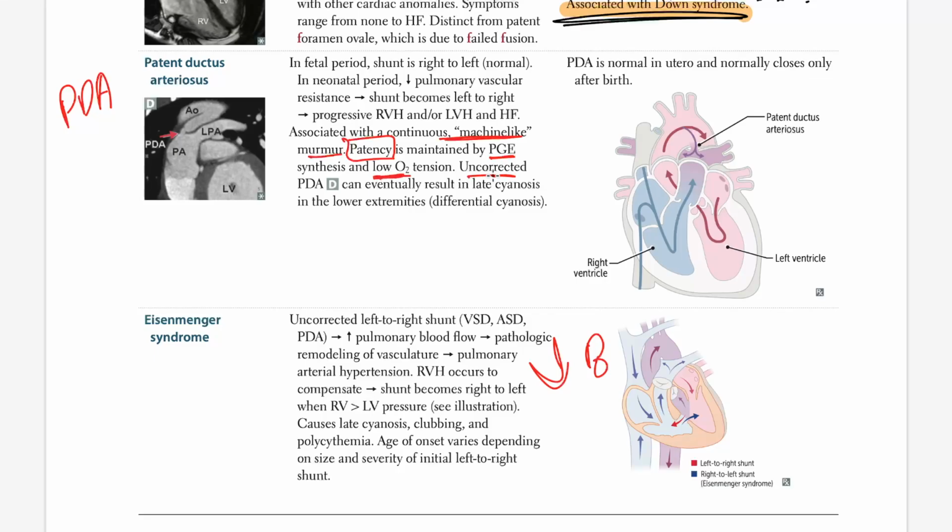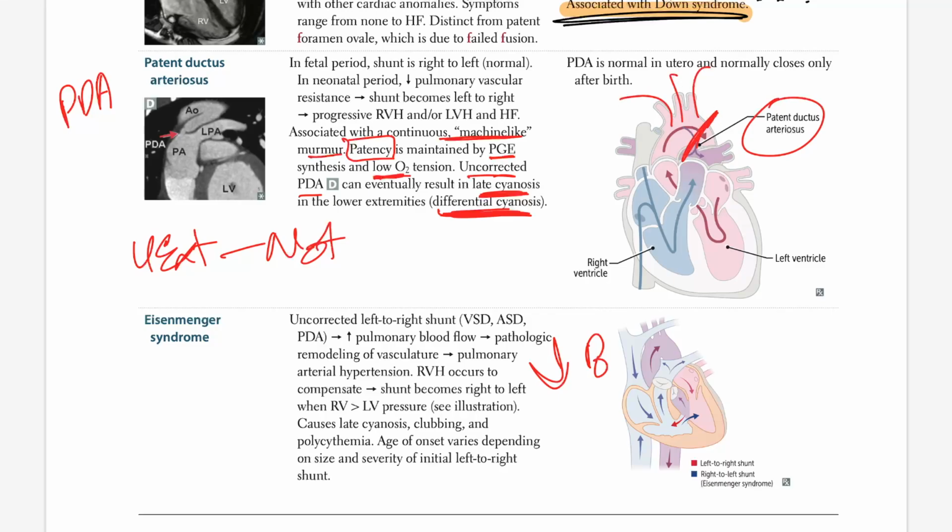So if it is uncorrected, PDA can eventually result in late cyanosis in the lower extremity, which is also known as differential cyanosis, high yield point. What is differential cyanosis? In the upper extremities, you will not see cyanosis, because if you look here, it is after the patent ductus arteriosus that you have already given off the branches which supply the upper limb.